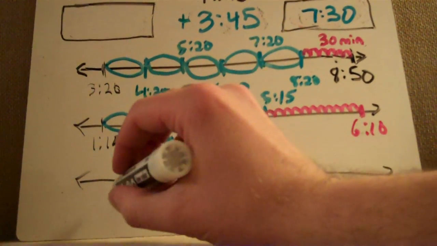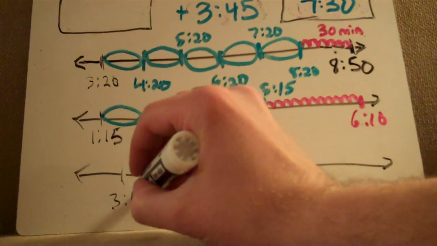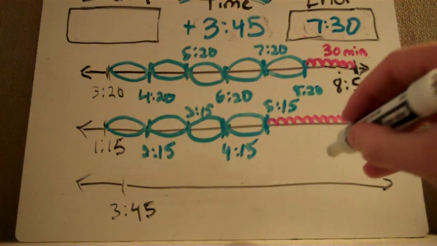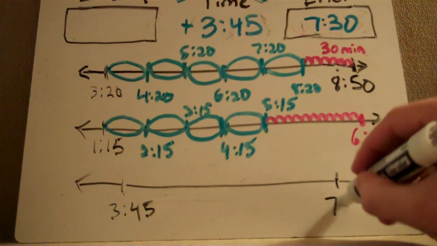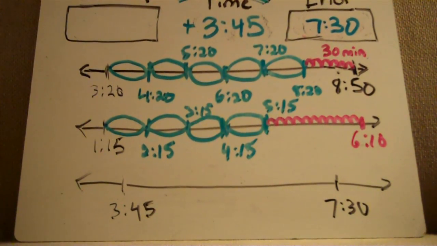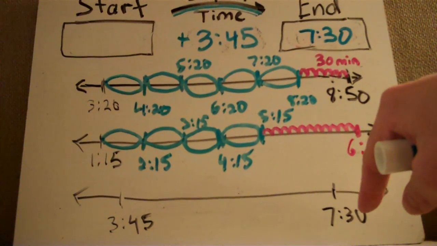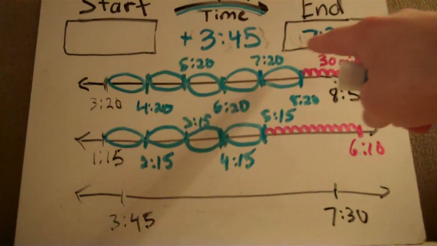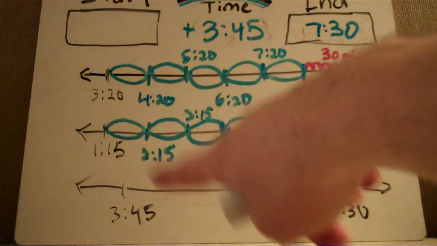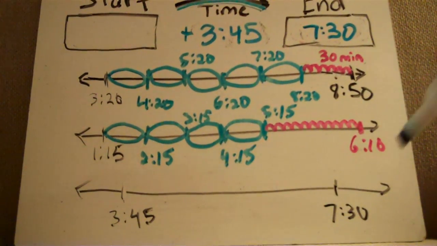So here's 3:45. Here's 7:30. And let's find the difference. I know we're not finding the elapsed time here, but what you can do is like a subtraction problem. 7:30 minus 3:45 is the same thing as something plus 3:45.